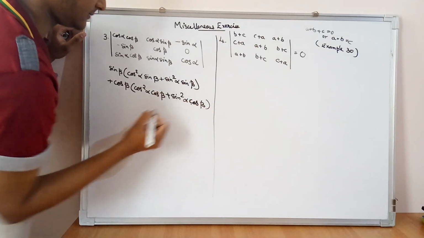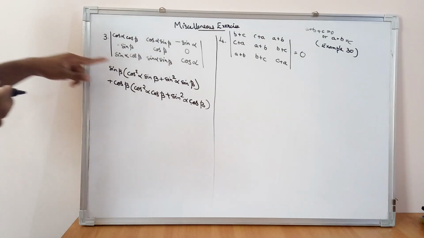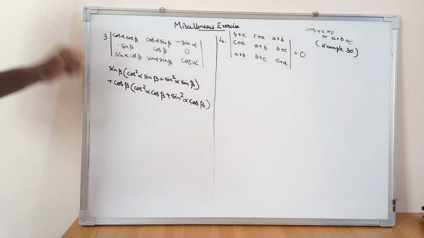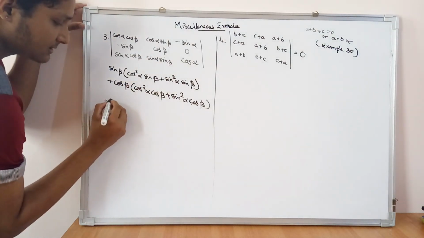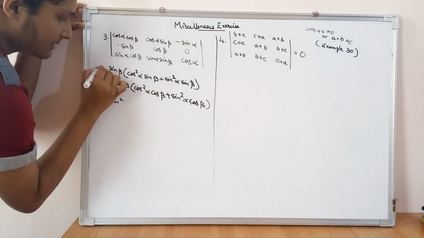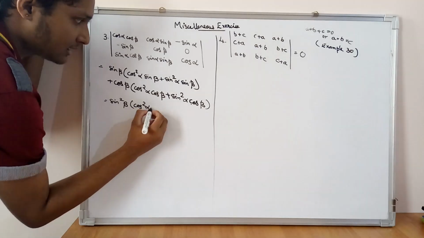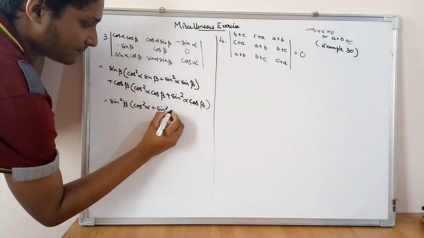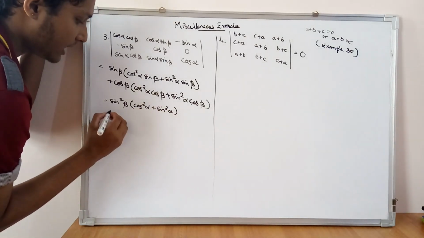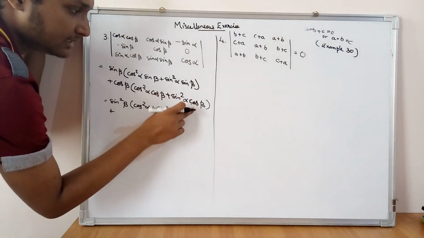So we'll take sine beta common here. So this becomes sine square beta into cos square alpha plus sine square alpha. Then we have plus here, cos beta I'll take common.